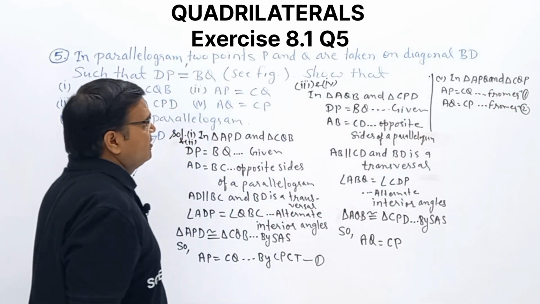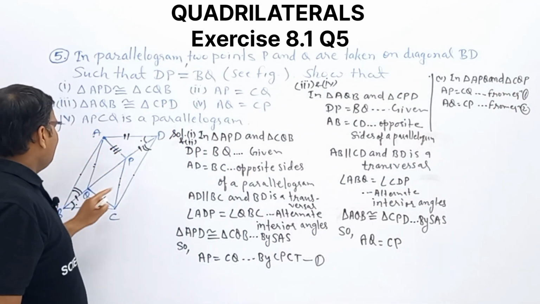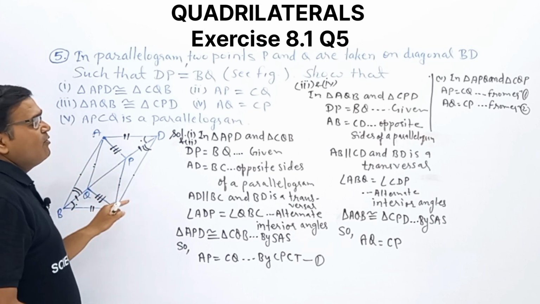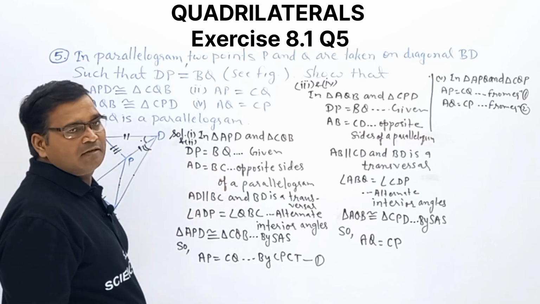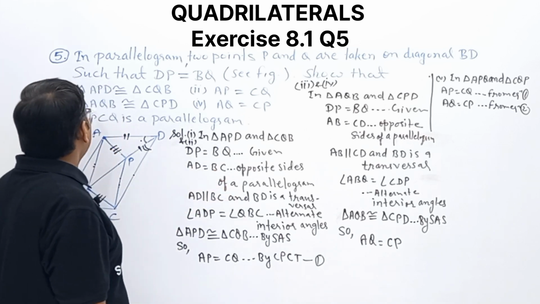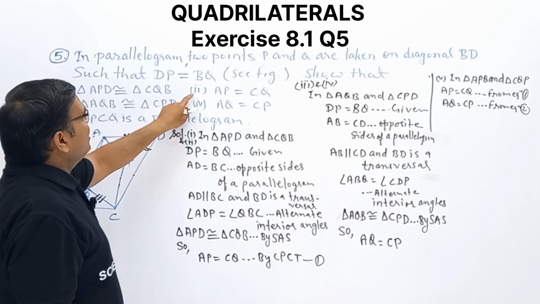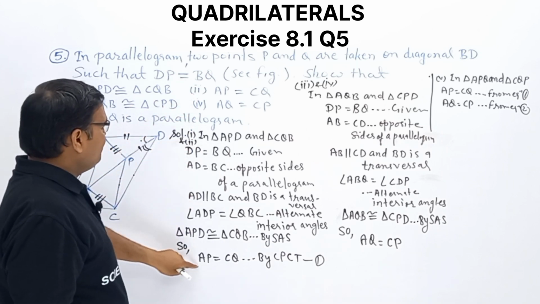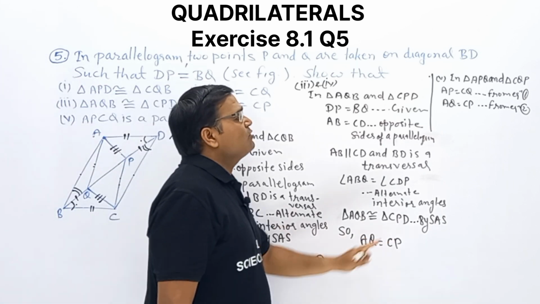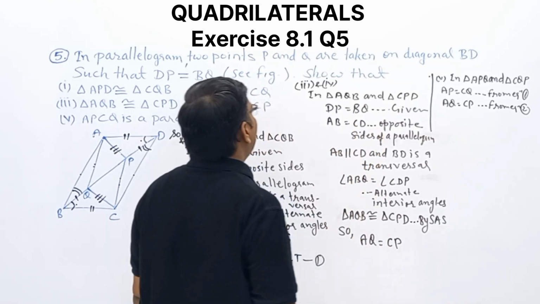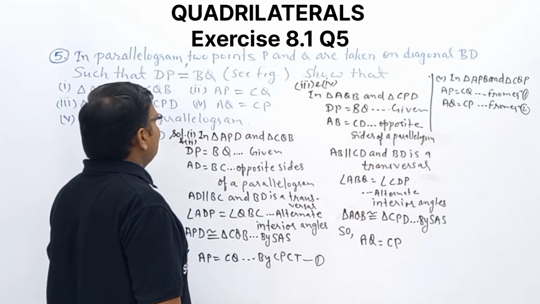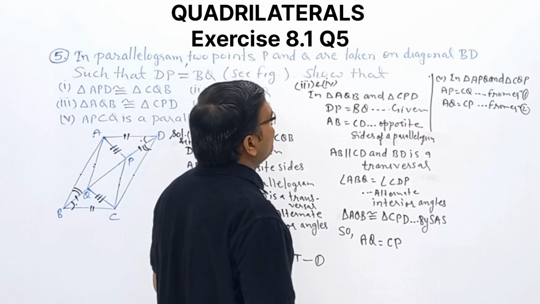This side equal to this one and this side equal to this one. We proved in the last questions, in the 2nd one and 4th one, AP equal to CQ and AQ equal to CP. So two things we equate for these triangles.